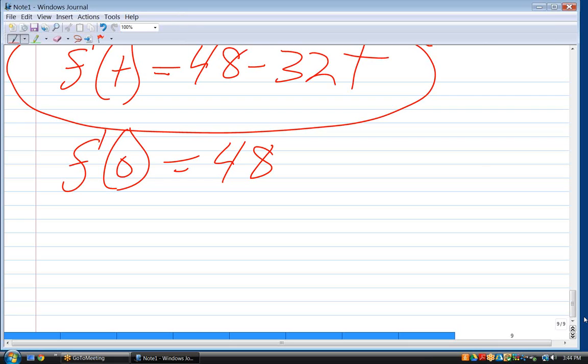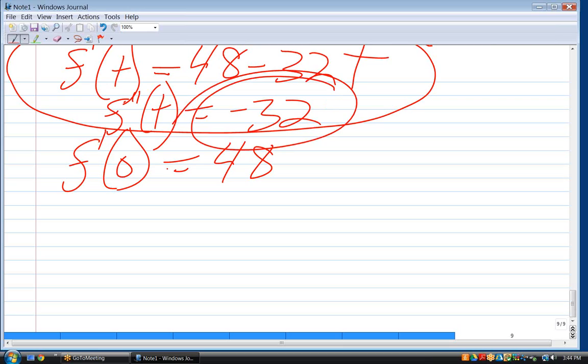If I took the first derivative of this velocity function so that I had f double prime, which is the acceleration function, that comes out to be minus 32. The acceleration on that rock is always minus 32 feet per second squared, which is the acceleration due to gravity.